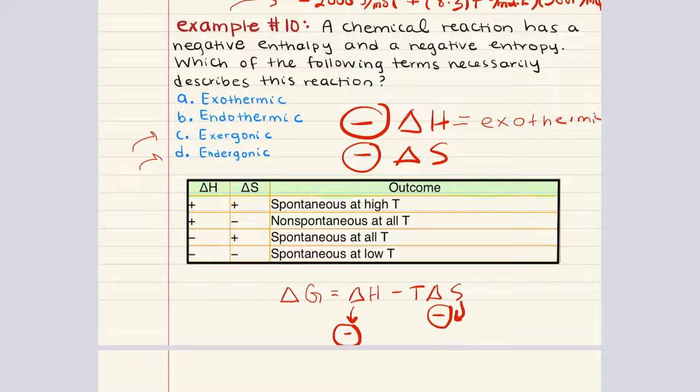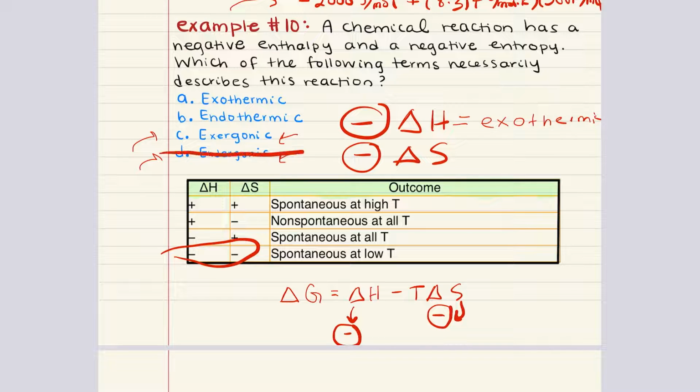And based off of our conversation in our lecture, when we have a negative delta H and a negative delta S, the reaction could be spontaneous at low temperature, but it can be non-spontaneous at high temperature. Since we're not given any information about temperature, we cannot confidently say that delta G is going to be positive or negative, which means we cannot confidently say if the reaction is exergonic or endergonic.